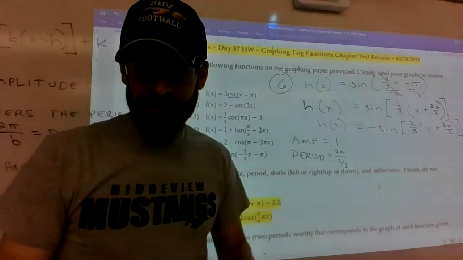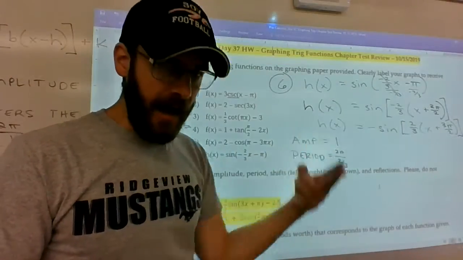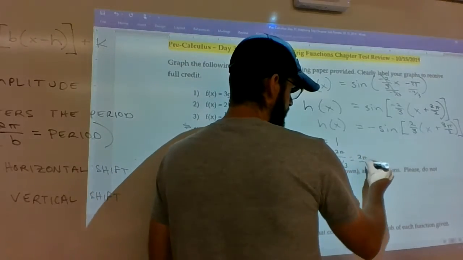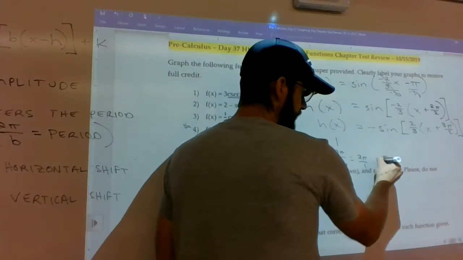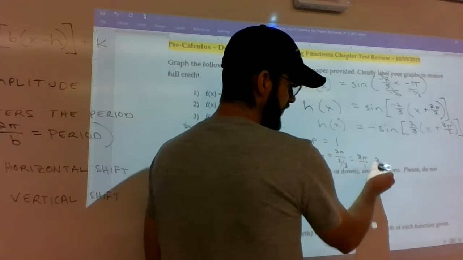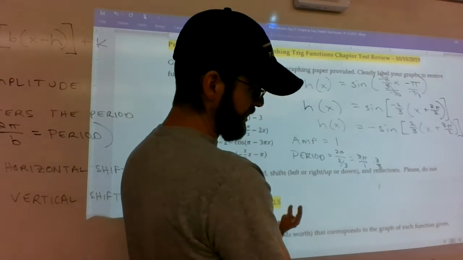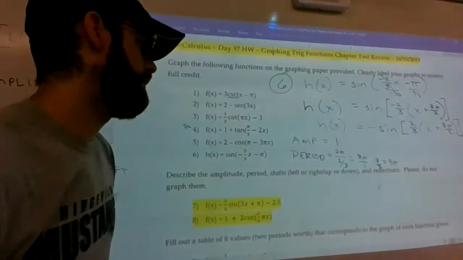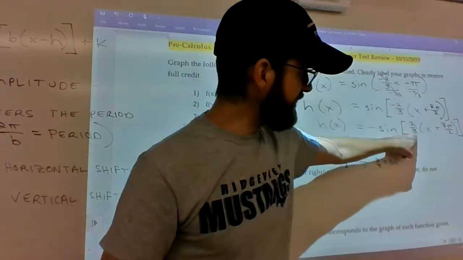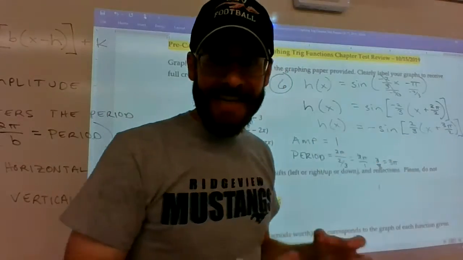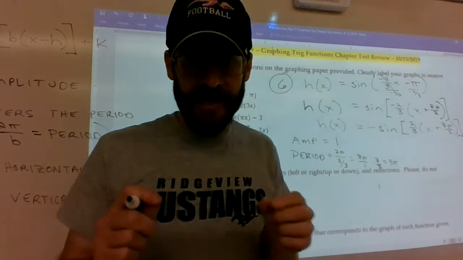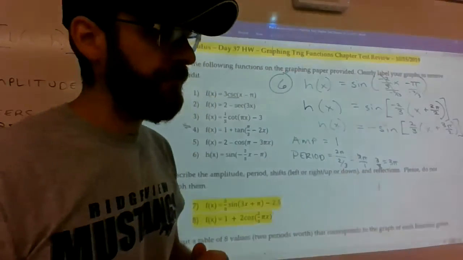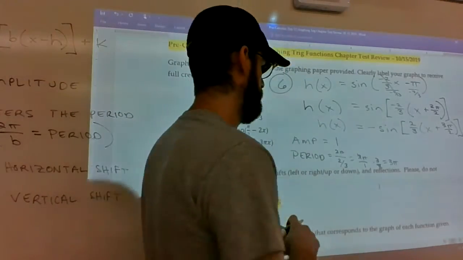Again, think of it as 2 pi times 3/2. The 2's cancel, so you're left with 3 pi over 1, which is just 3 pi. So if it's a number that's less than 1 like this, it increases the distance of the period. It widens out the distance it takes for sine to recycle itself.